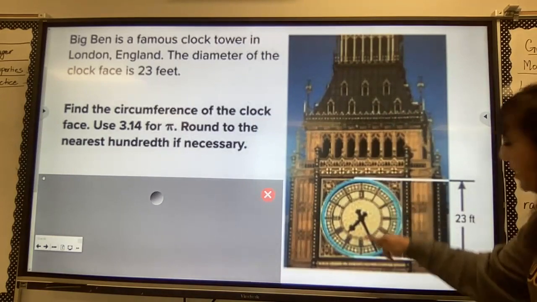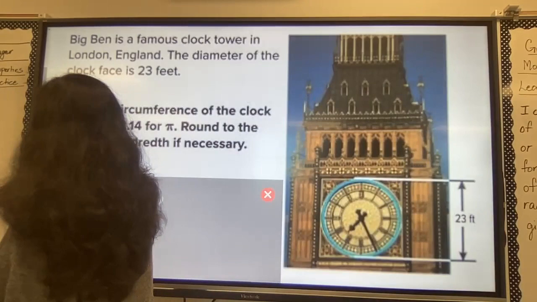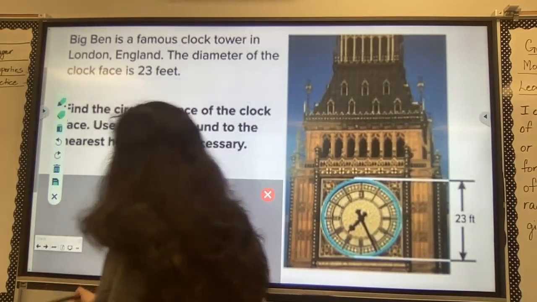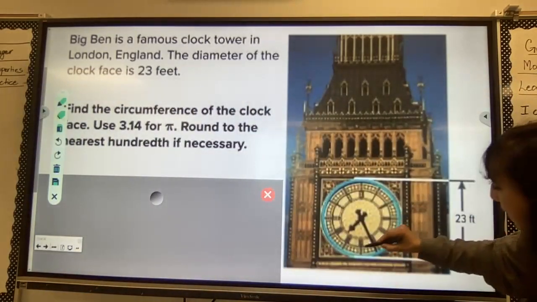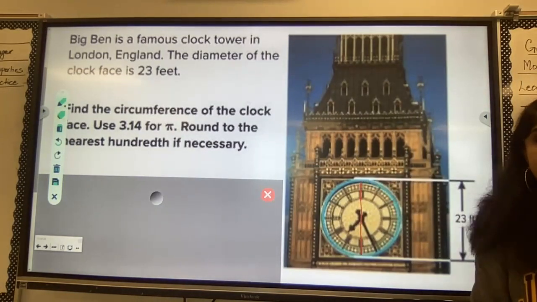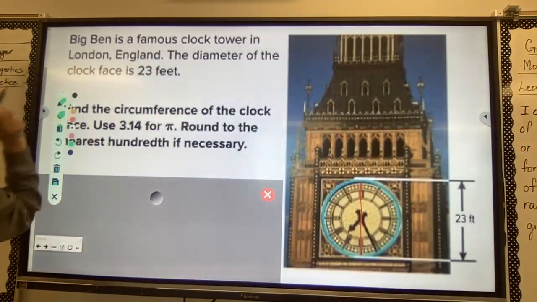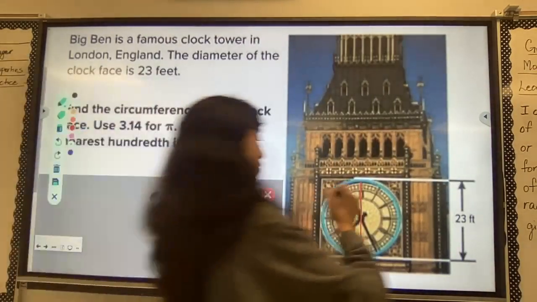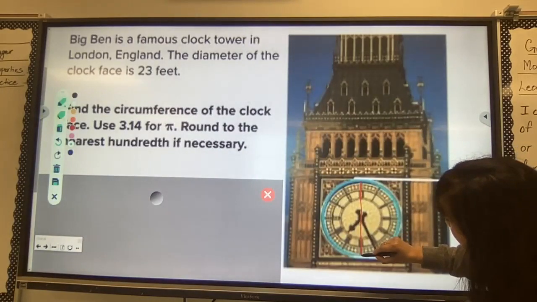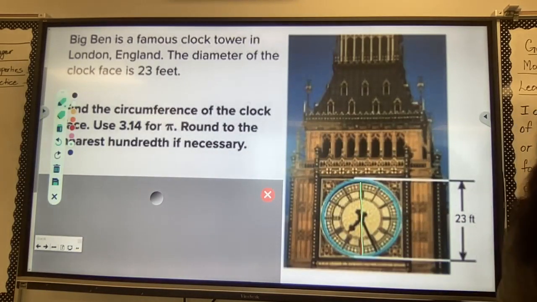So this entire thing is the diameter. It's showing me like this. That means this entire thing is my diameter. Let me see if another color will work better for you to see. Let's see if you can see better with the green maybe. There. Okay, so that is the diameter.